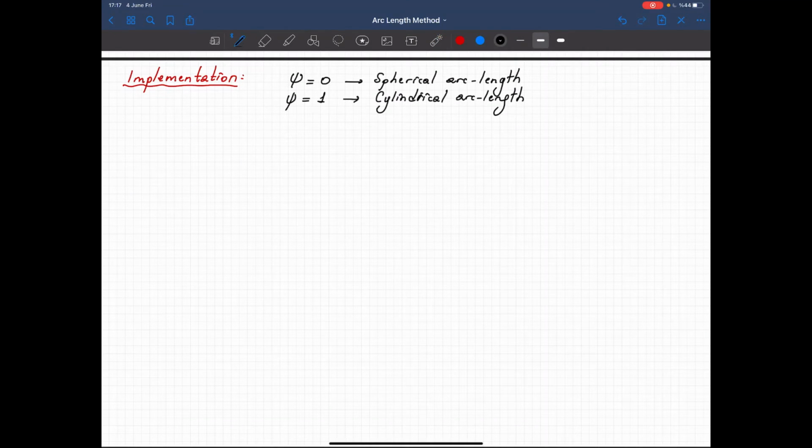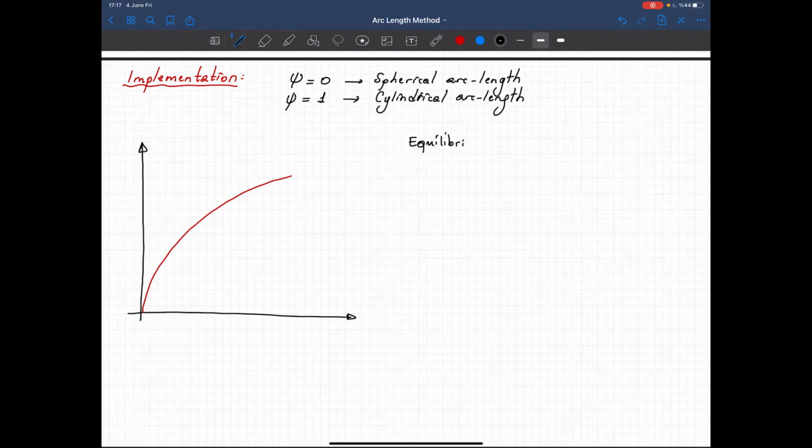So let's draw a graph so that we will better understand what this arc length method is doing. So this is the curve that we want to trace, and we start from an equilibrium point. Let's say that we have a converged equilibrium point, and I will show it with W0 and lambda times P. P is the applied loading.